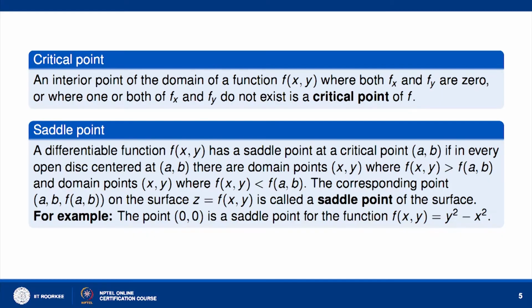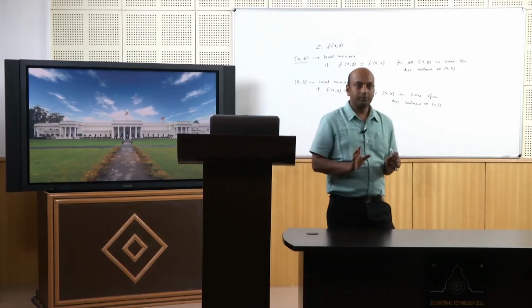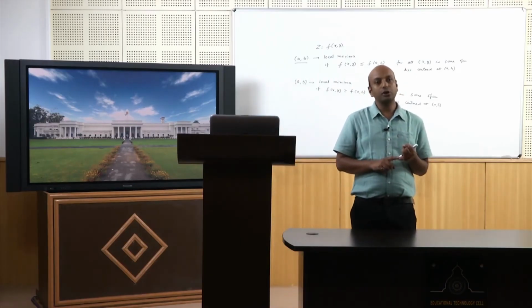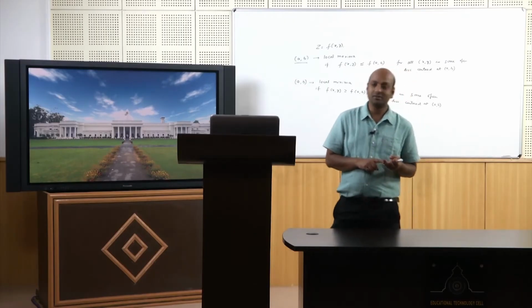An interior point of the domain of the function f(x, y) where both f_x and f_y are 0, or where one or both of f_x or f_y do not exist, is called a critical point. So, basically a critical point is a point where either f_x equal to f_y equal to 0, or f_x or f_y do not exist.